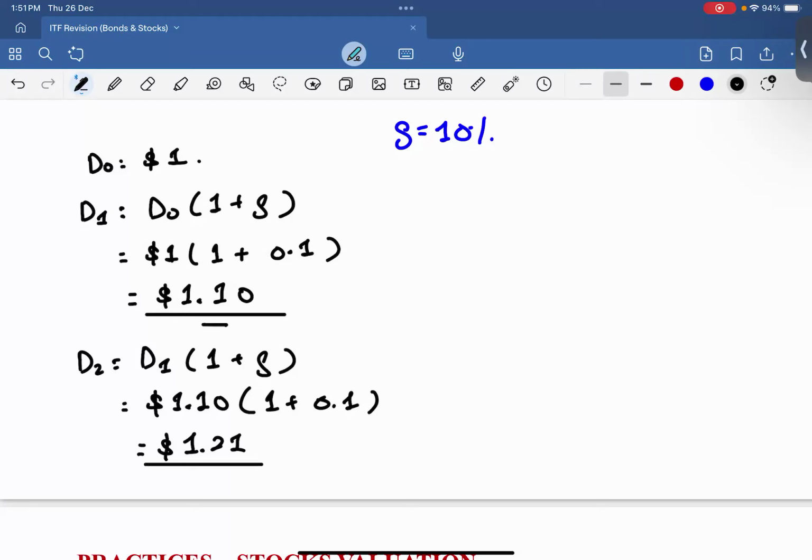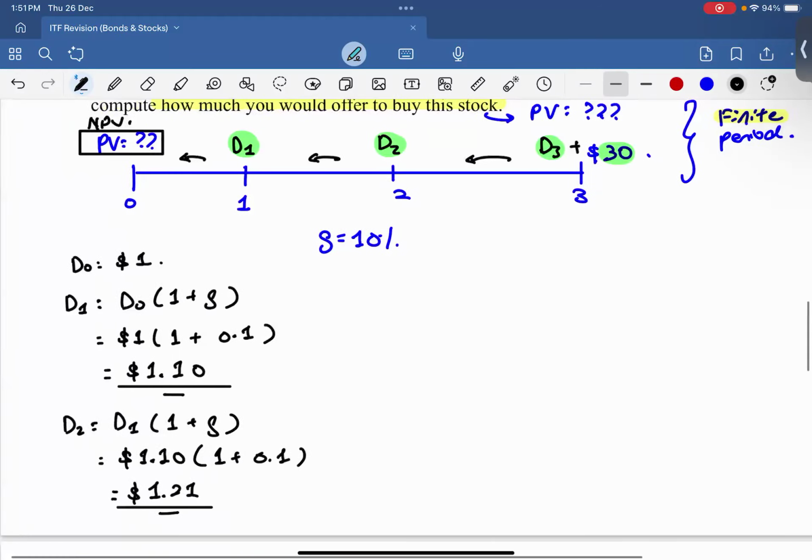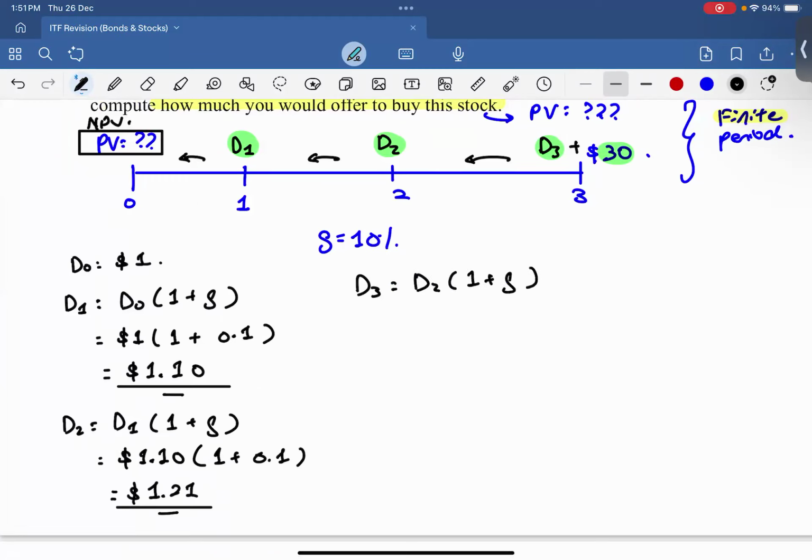All these will have marks. Okay, so D3 equals D2 times (1 plus G). So D2 is 1.21 times (1 plus 0.1), you will get 1.331.